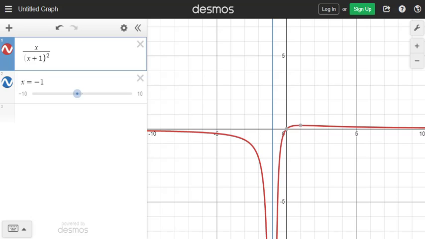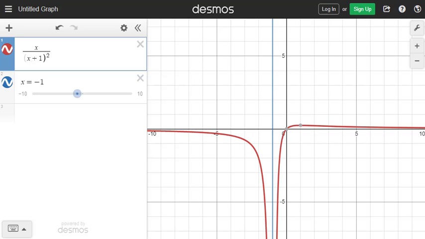All right, so you can see I just made one tiny change here. I added some parentheses in the denominator and put the exponent of 2 in there. So now instead of x over x plus 1, I have x over x plus 1 squared. I'm still doing the limit as x approaches negative 1, so I'll leave the blue line right there.